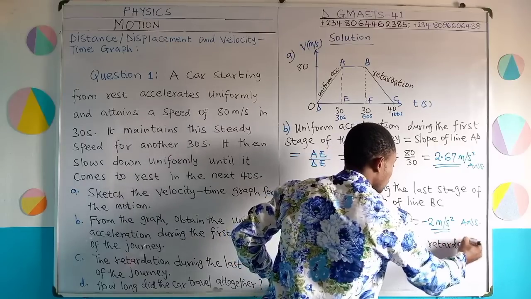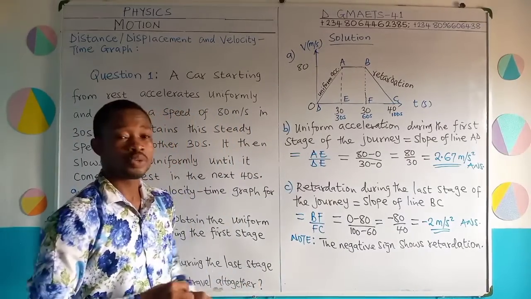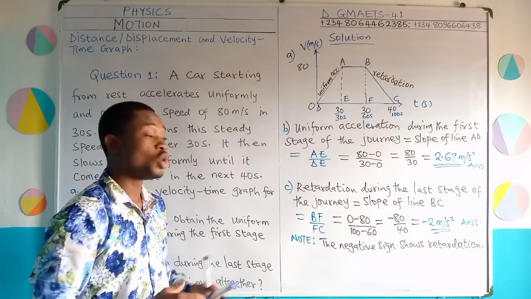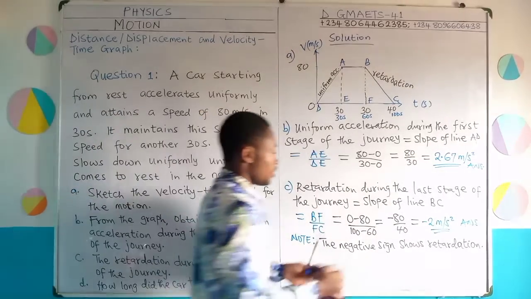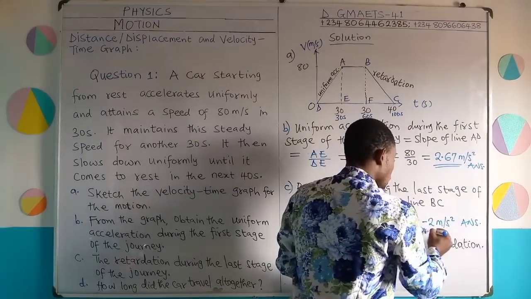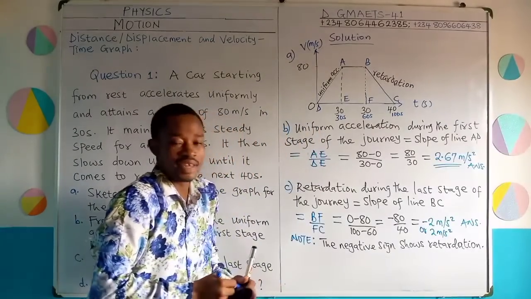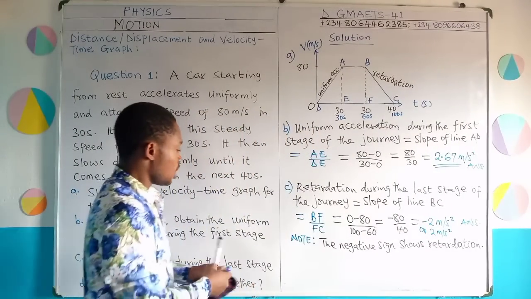So you may choose not to put the minus. You commit no crime. Let me say or 2 meter per second squared without that negative. You don't really need a negative if you don't want to put it.